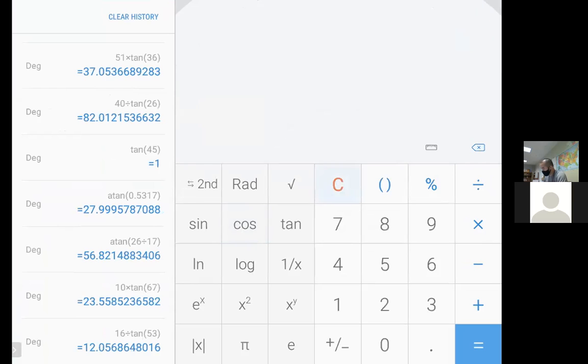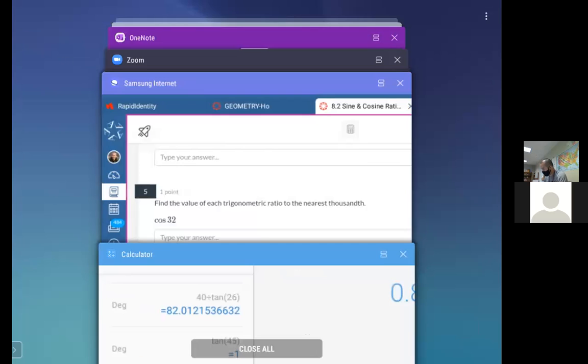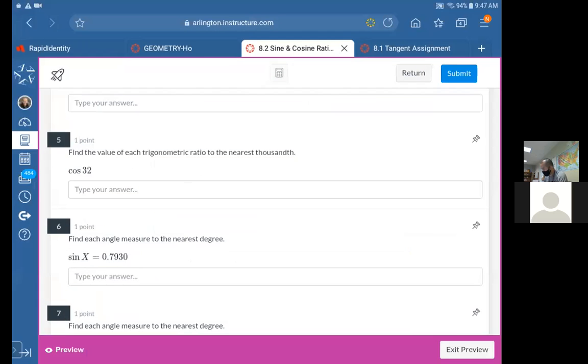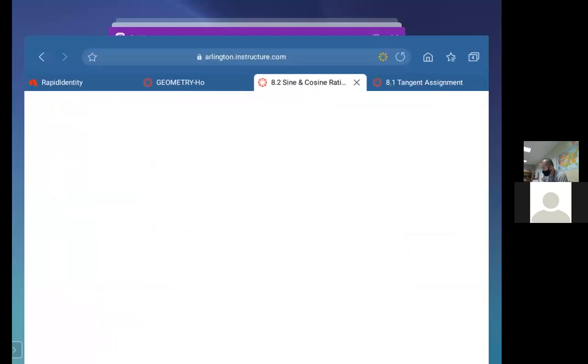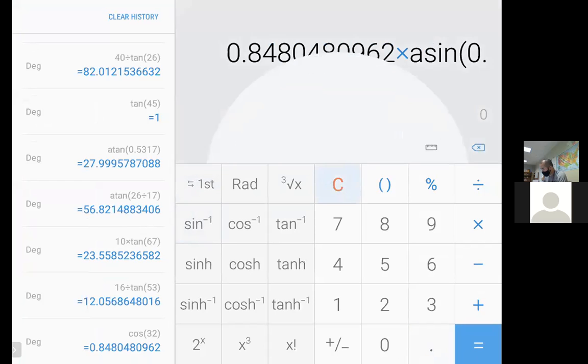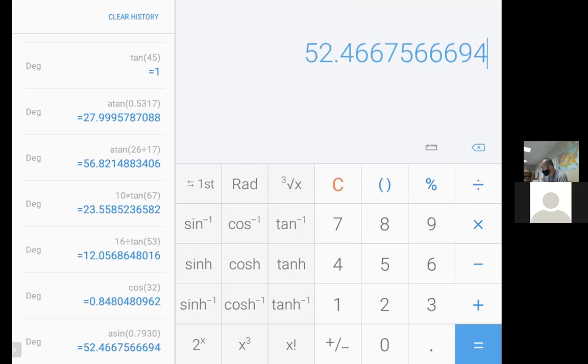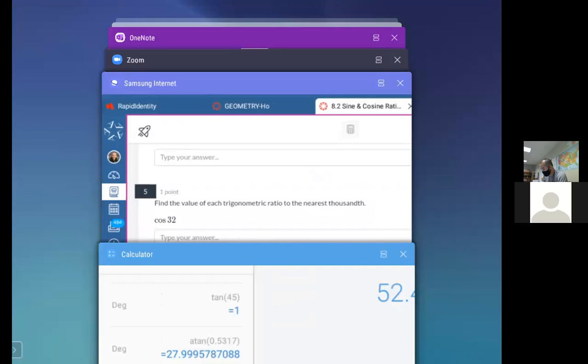There you go. 0.85. And then angle measure 0.7930. So it's going to be the inverse sine of 0.7930. So 52 is that answer.